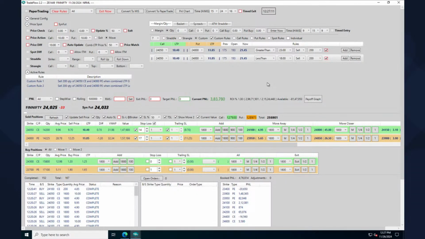So right now there is definitely a good amount of decay, not to say massive. I'm looking at my one more screen.